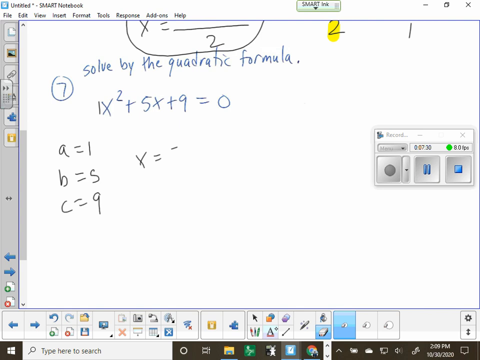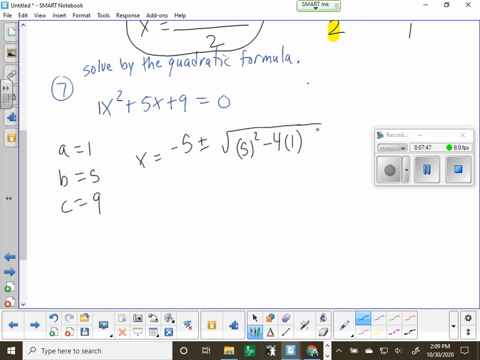B is 5, so I'm going to put 5 in there. So we put in 5 plus or minus the square root of b squared, so it's 5 squared, minus 4 times a, which is 1, times c, which is 9, all over 2a, which would be 2 times 1.